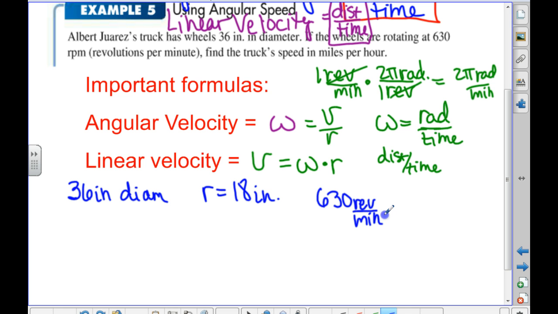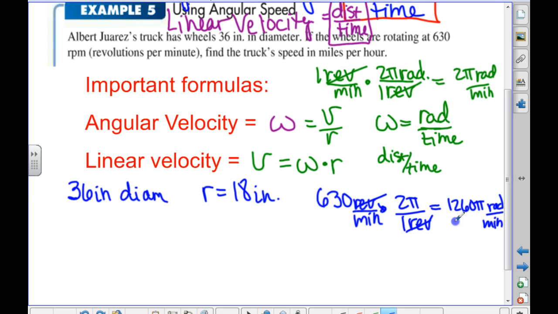This becomes a measurement conversion mess, okay? We need to change this to radians. You just told me one revolution is really what in radians? 2 pi. So that is 1260 pi. I'm not going to multiply that out yet. The revolutions cancel, and I'm down to radians per minute.